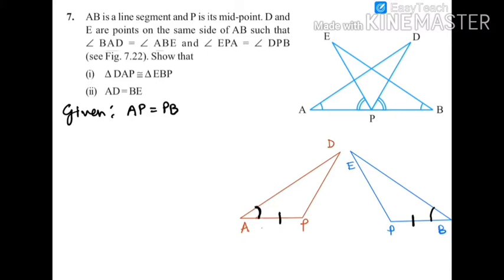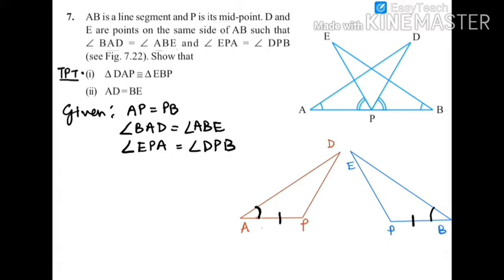So first we will list down what is given in the question. AP equal to BP, angle BAD equal to angle ABE, and we are given angle EPA equal to angle DPB. To prove can be written directly from the question.